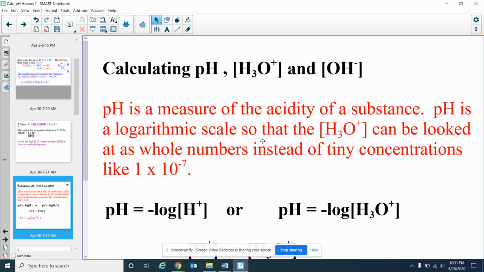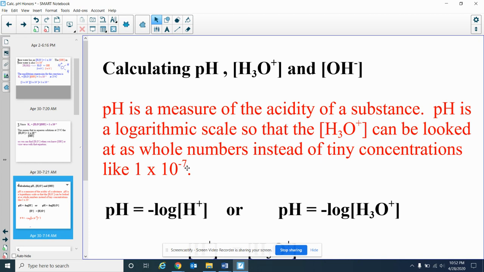Okay, so someone decided that it would be easier to explain how acidic or basic something is as kind of like whole numbers. So the pH scale pretty much goes between 0 and 14. But because the H3O plus and OH minus concentrations are so small, they made it a logarithmic scale.